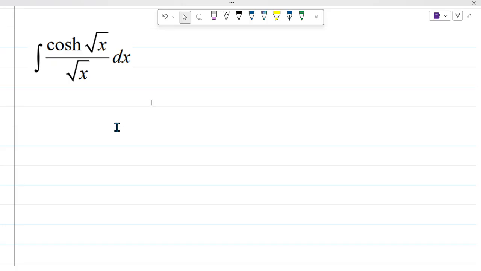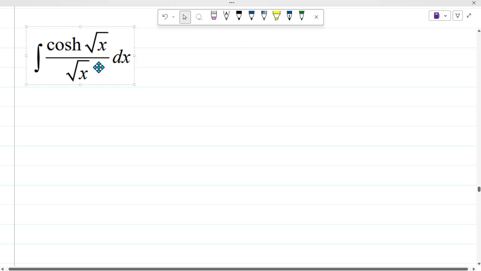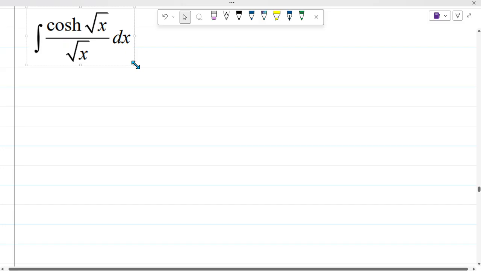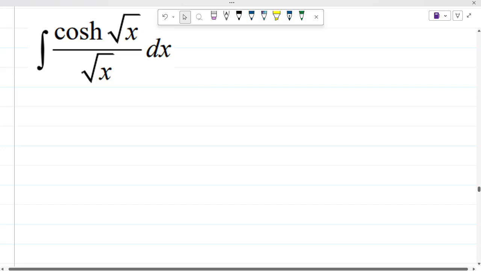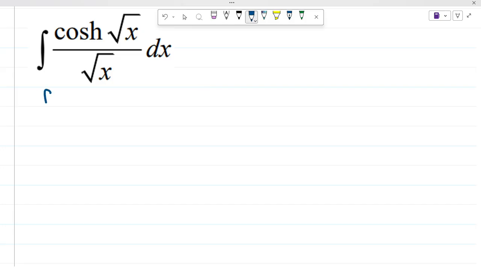Of course, it's not written in a nice way. The first thing I can advise is to rewrite this in a nice way. The nice way you could rewrite this is to put this 1 over root x here, and then take the cosh on a side.